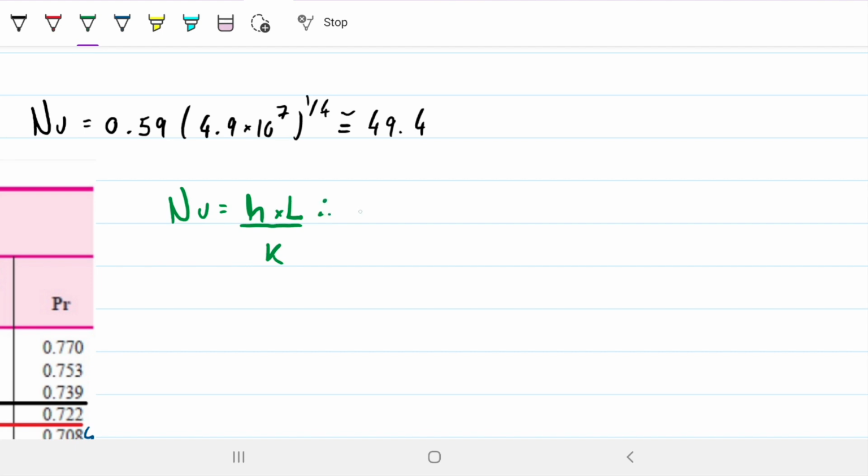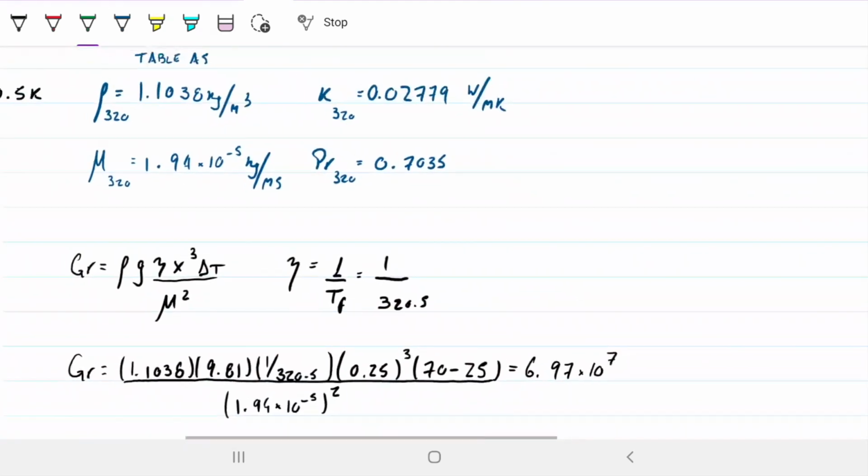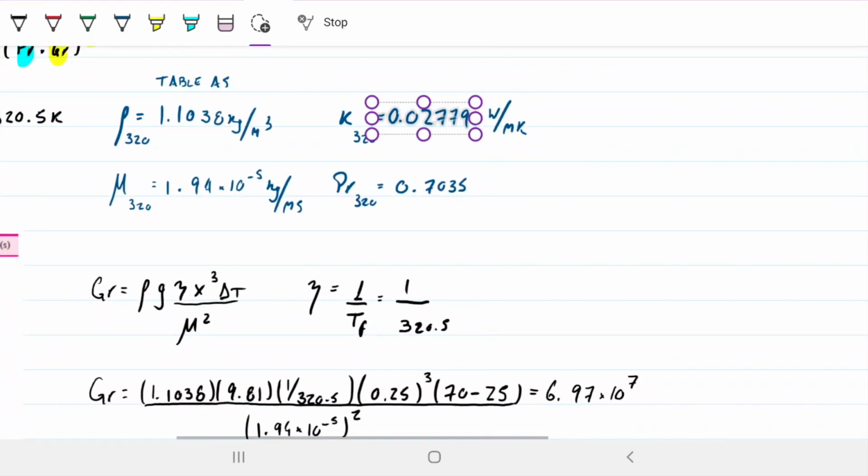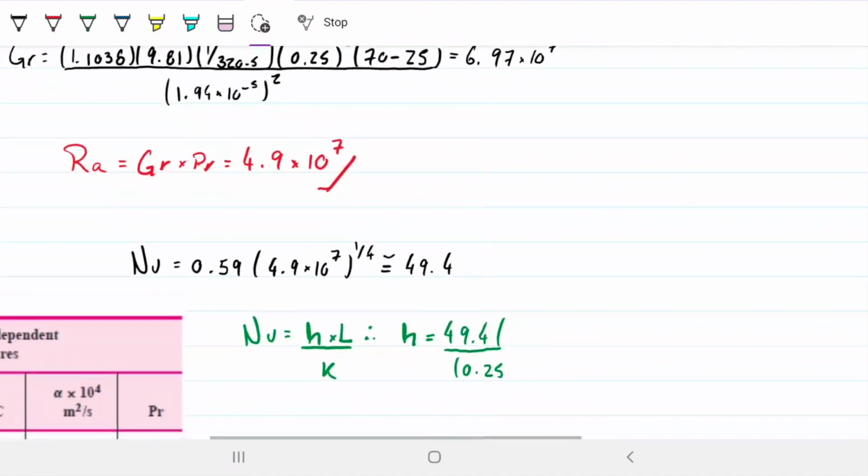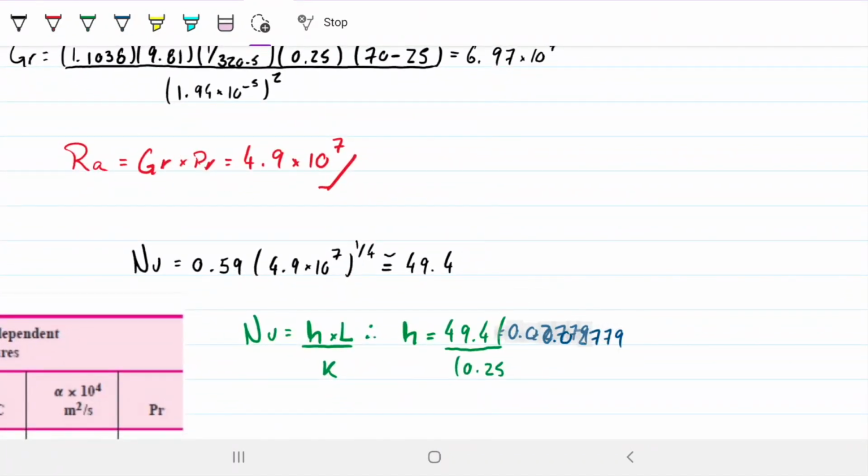So therefore H will be 49.4 times K divided by 0.25. K is that number that I got wrong before. Here it is. This turns out to be 5.49.